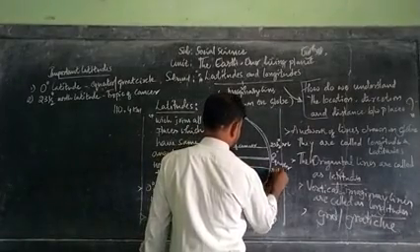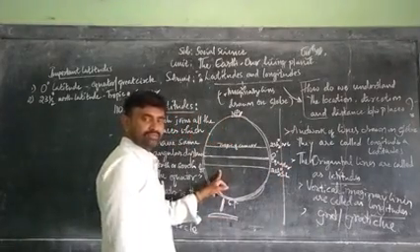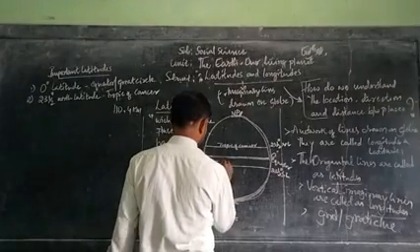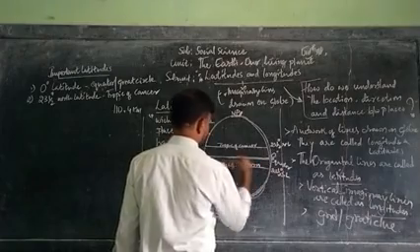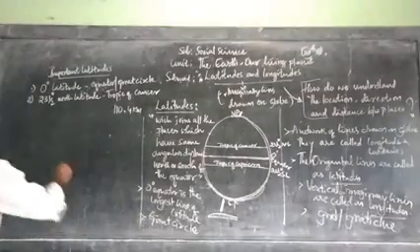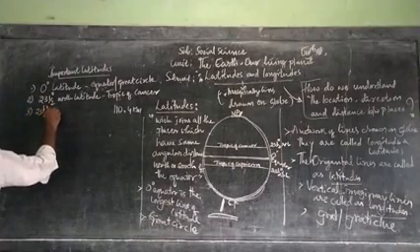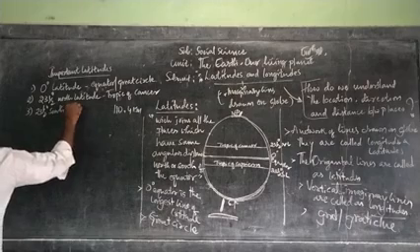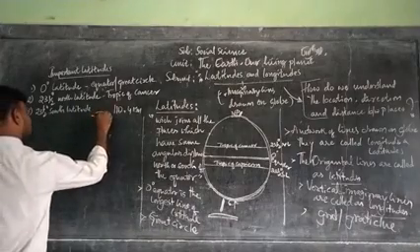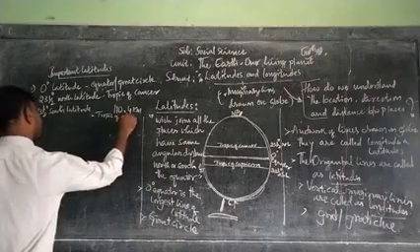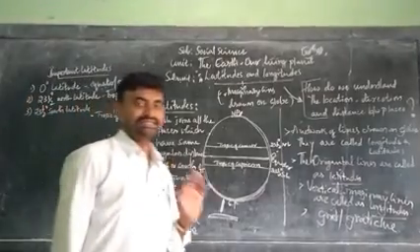The 23.5 degree south latitude is called the Tropic of Capricorn. That is the third important latitude.